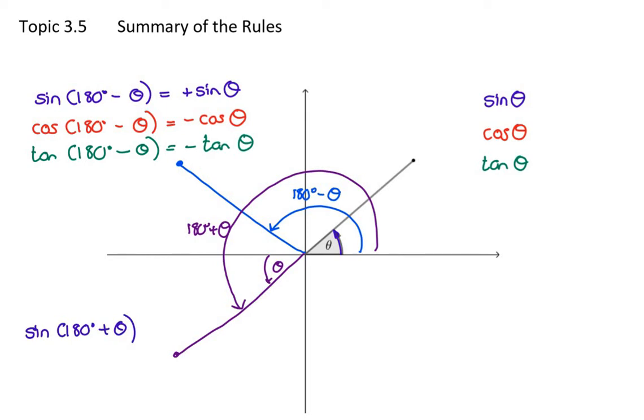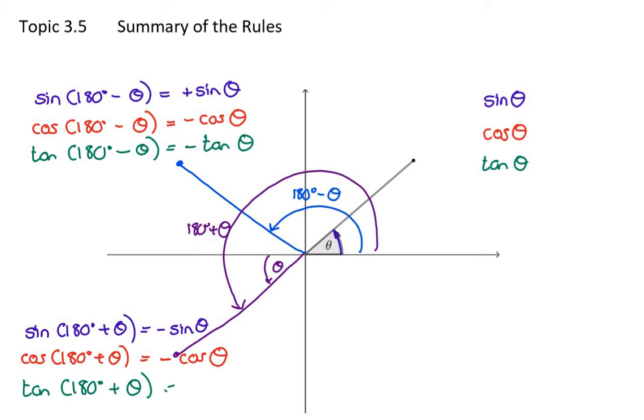Only tan is positive in quadrant 3, so this reduces to negative sine theta. So this is now the first of the negative sine cousins. If we look at cos, cos is very similar. We're working in the third quadrant. Cos is negative, so this reduces to negative cos theta. And finally tan, tan is the only positive ratio in this quadrant, and so tan of 180 plus theta is actually exactly the same as tan theta.